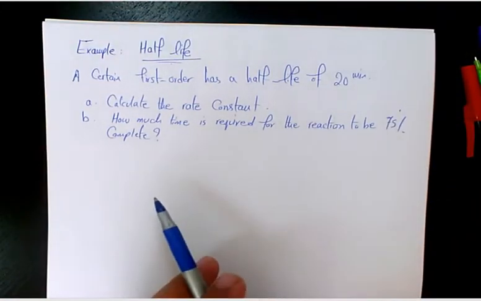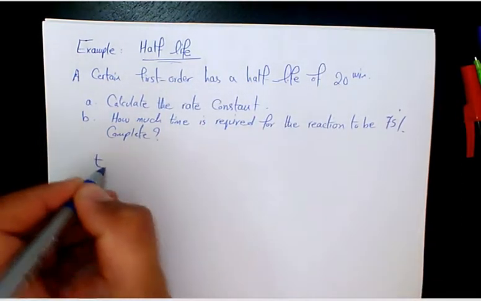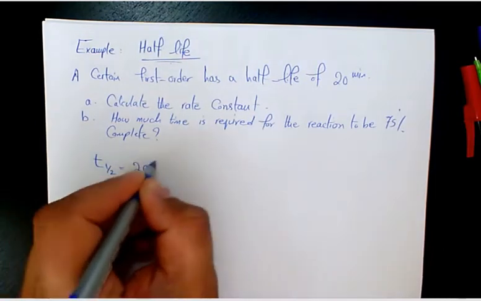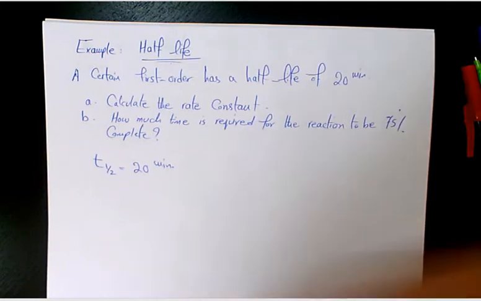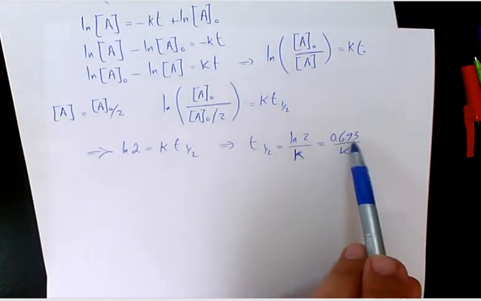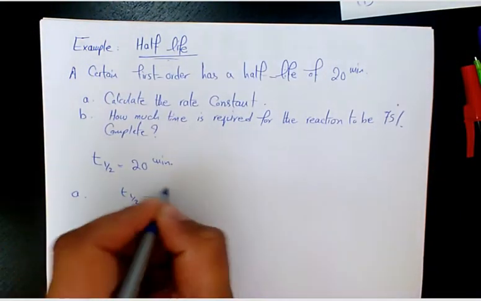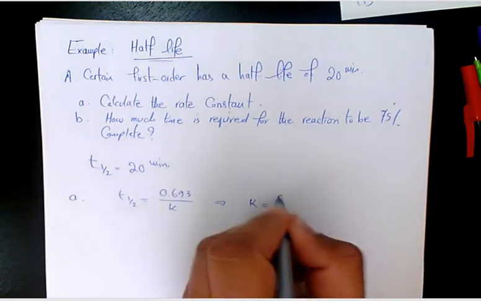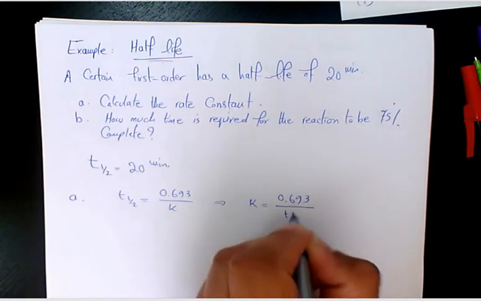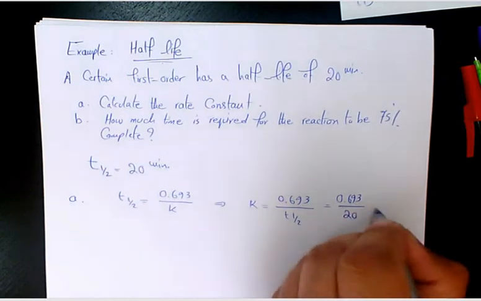Here it says a certain first order reaction has a half-life time of 20 minutes. So T half is 20 minutes. Calculate the rate constant. So if we go back to the previous page, T half equals 0.693 divided by K. So we can say K equals 0.693 divided by T half. 0.693 divided by 20 minutes.